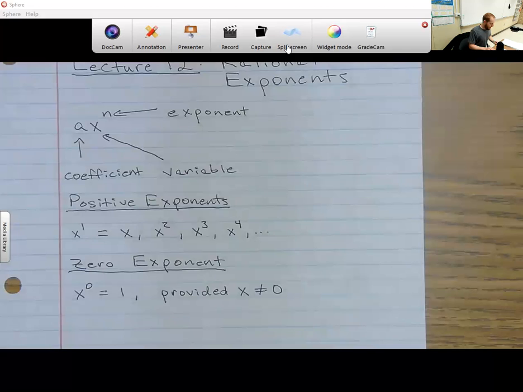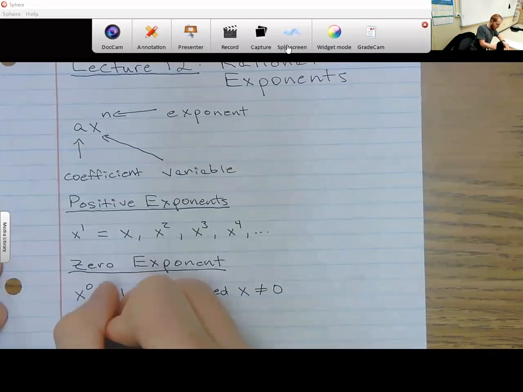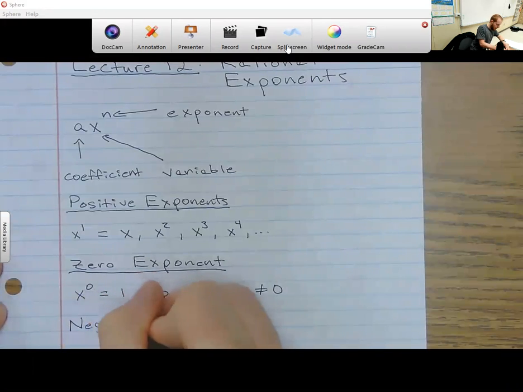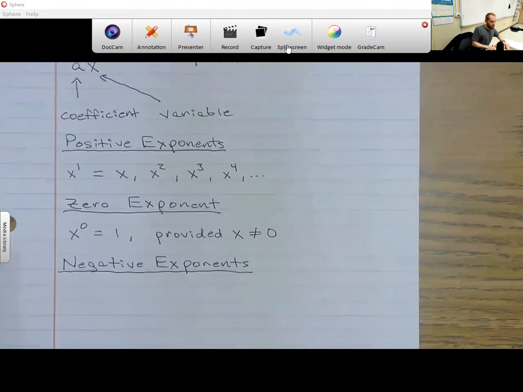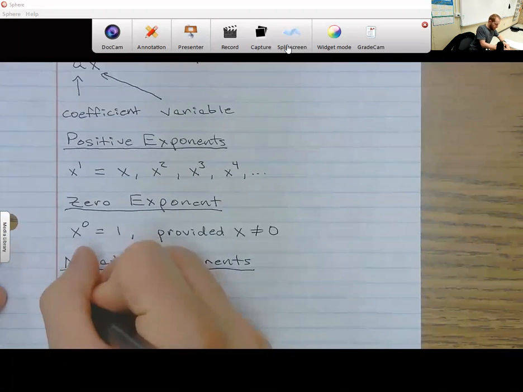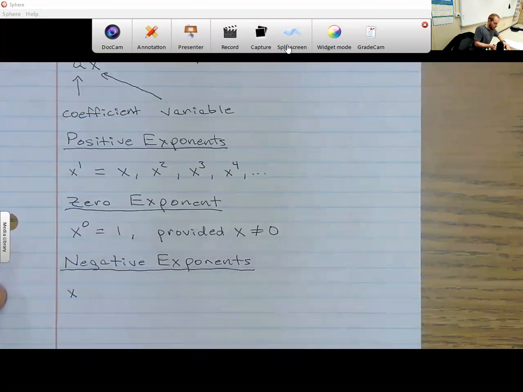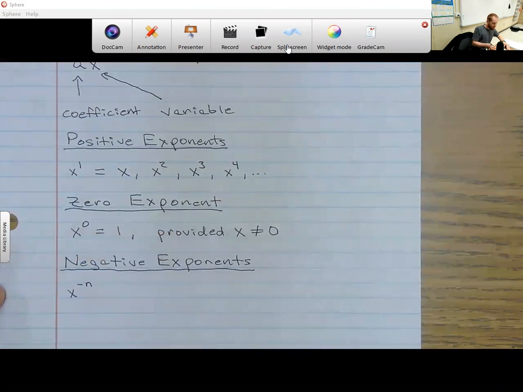Okay? And last but not least, the negative exponents. And I'll show you how these work. Okay, so when you have a negative exponent, what that means is you're going to have x raised to a negative number, like let's say we have negative n.